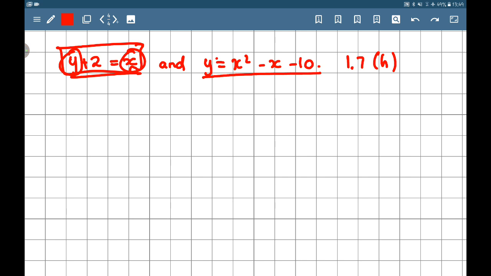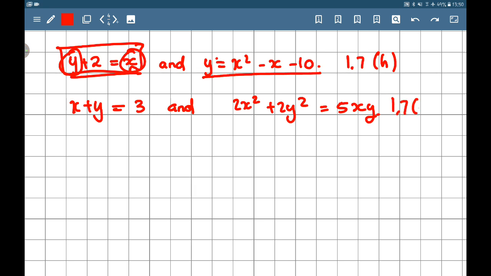So for now, I'm going to take two simultaneous equations: x plus y is equal to 3, and 2x squared plus 2y squared is equal to 5xy. From the question bank, this is 1.7i.